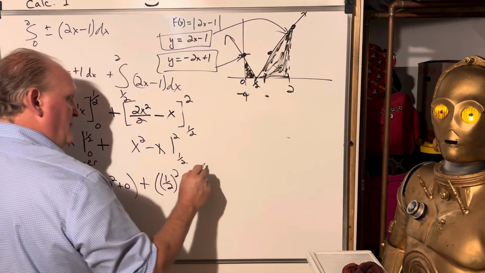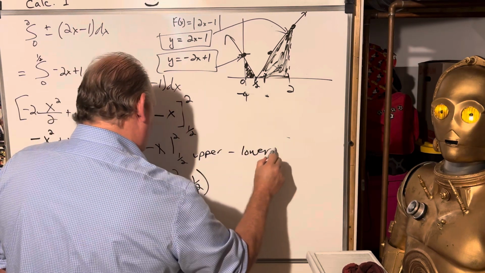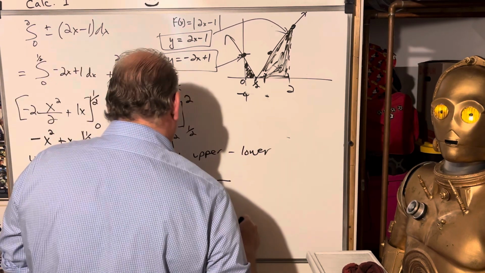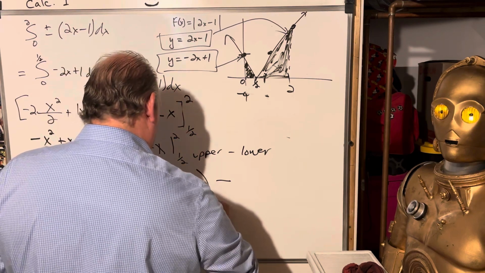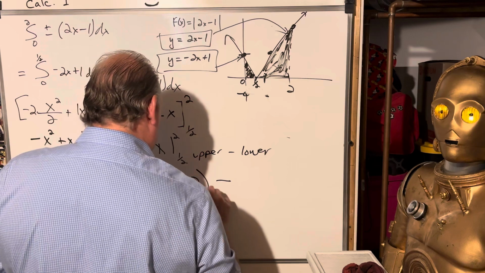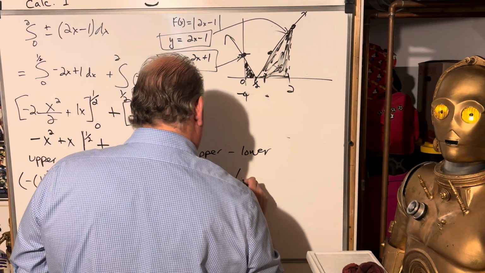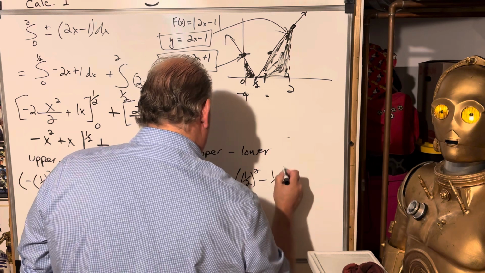So, again, upper minus lower. So that should have been the lower. Goodness gracious, so many little mistakes here. 2 squared minus 2, and 1/2 squared minus 1/2.